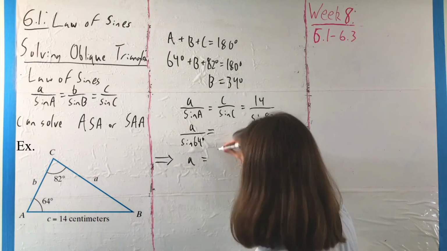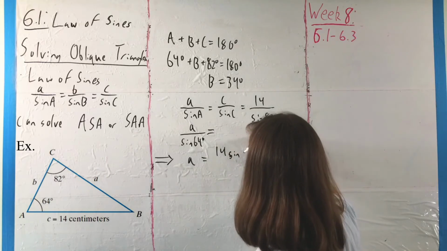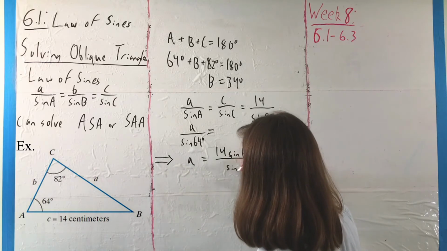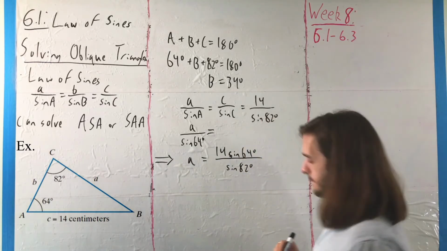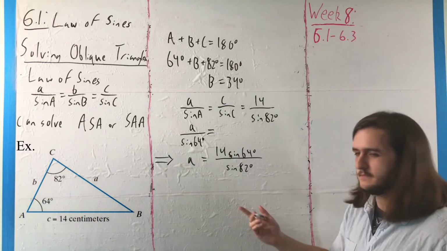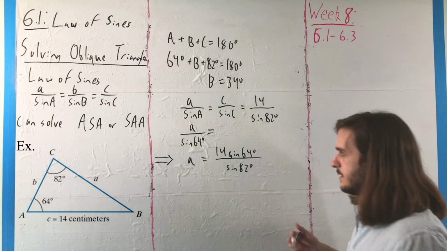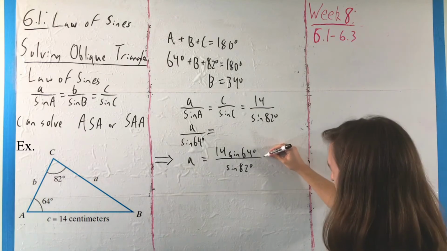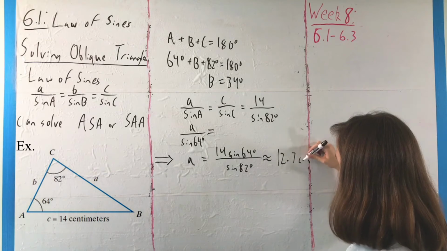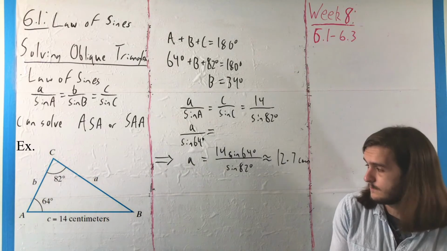That is, a is equal to 14 times sine of 64 degrees divided by sine of 82 degrees. If you plug that into a calculator, there's going to be a lot of calculator plugging in here. I'm not going to show you how to do that again because it's just plugging numbers in. It's not that exciting. But you do that and we'll get the value here is approximately 12.7 centimeters. That is, side a is about 12.7 centimeters long.